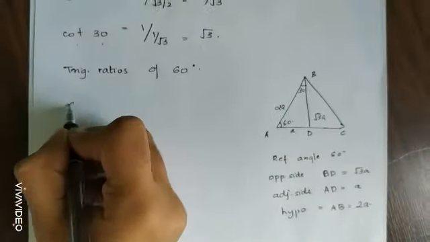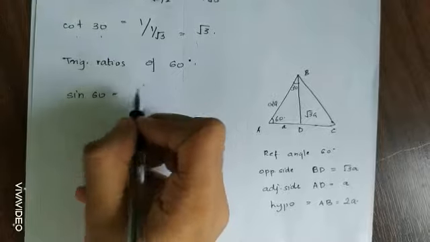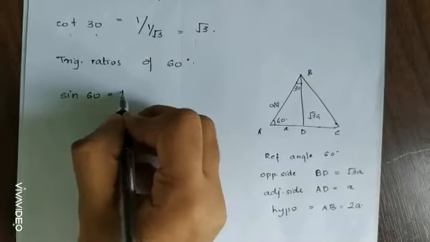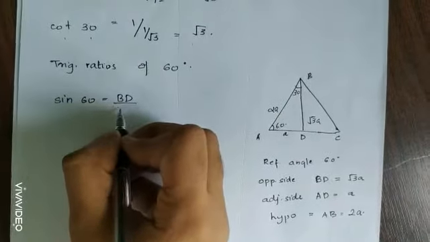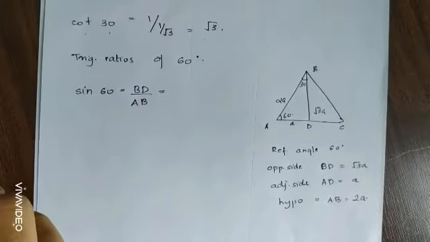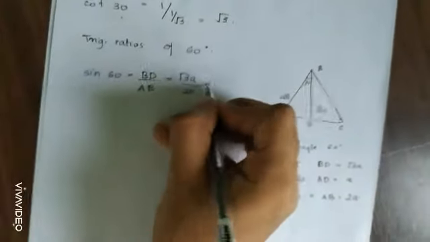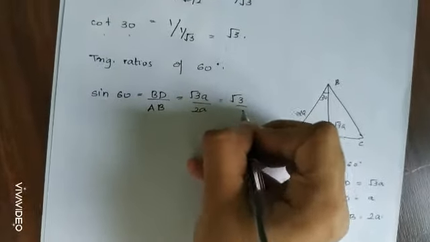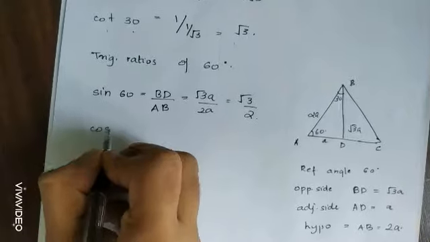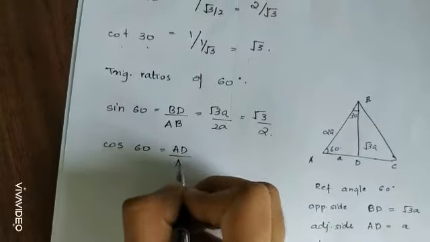Now, sine 60 is opposite side by hypotenuse. Opposite side is BD and hypotenuse is AB. We have BD is root 3A by 2A, which is equal to root 3 by 2. Now cos 60 is adjacent side by hypotenuse.